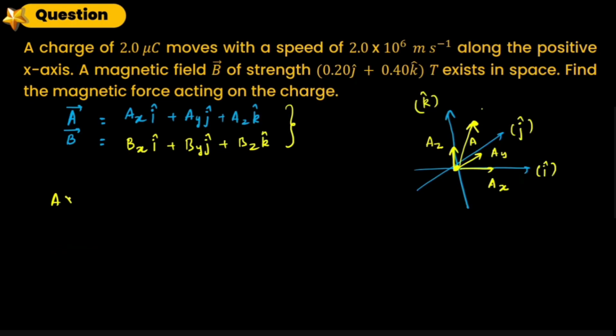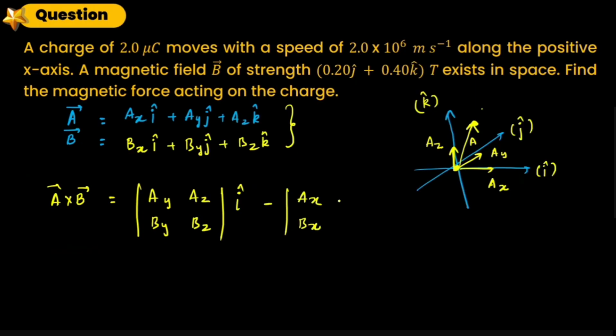When we have to take the cross product, we write it this way: the determinant with rows ax, ay, az and bx, by, bz, with i cap, minus j cap, plus k cap.